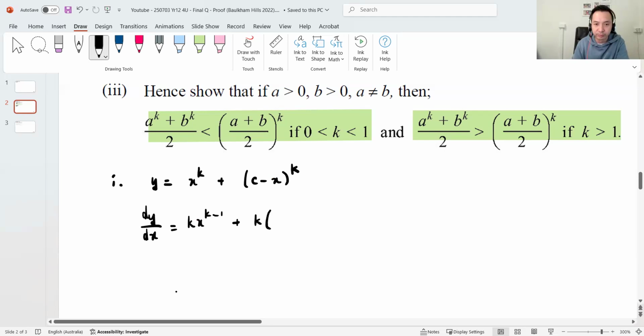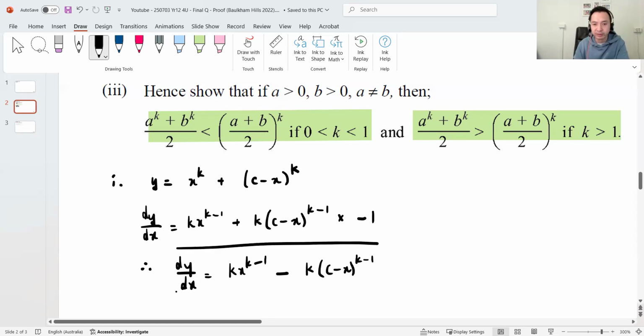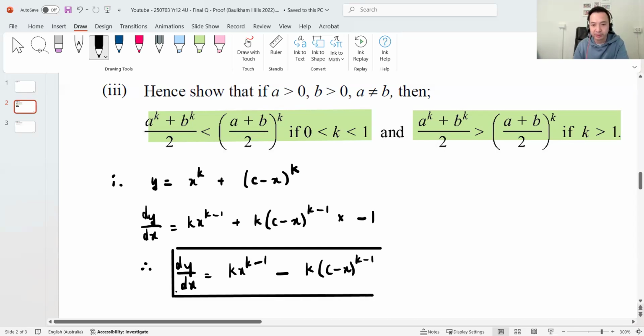Bring down the power, (c minus x) to the power k minus 1, multiplied by the derivative of the inside. So therefore my derivative is going to be k x^(k-1) minus k (c minus x)^(k-1). I'm going to put a box around it, because I'm probably going to need it later to do max-min as well.